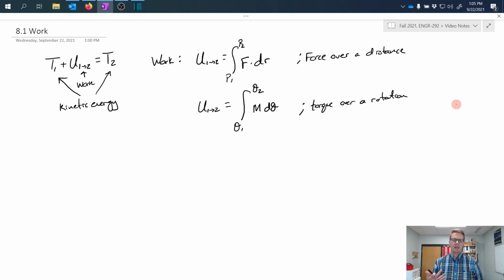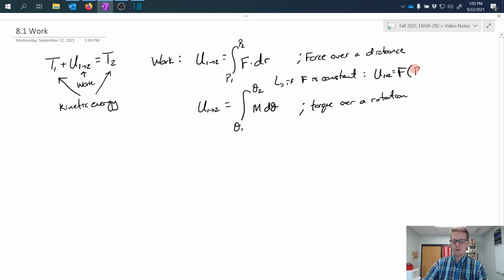And just like in force, if M is constant, not changing over time, then the equation simplifies. So let's start up here. If F is constant, then U1 to 2 is F times P2 minus P1.